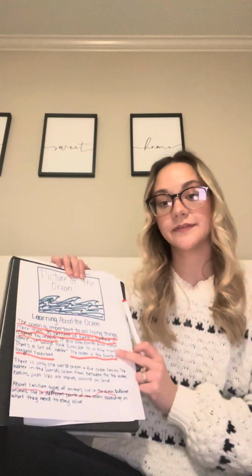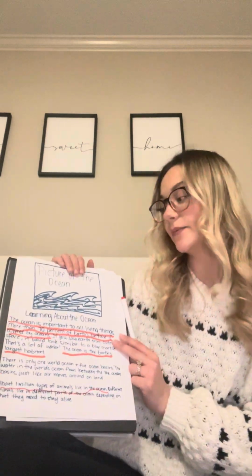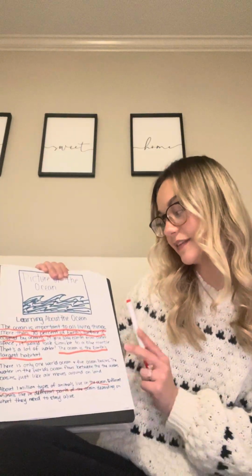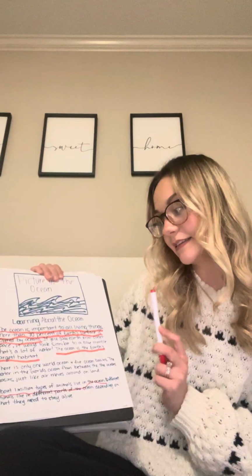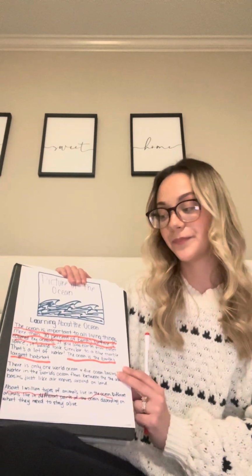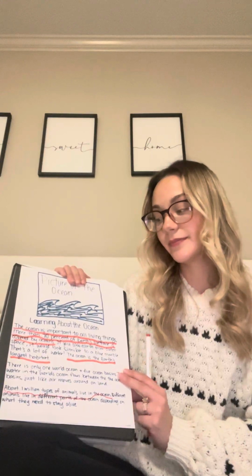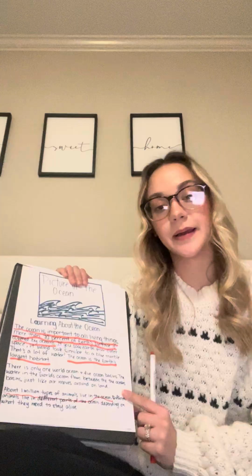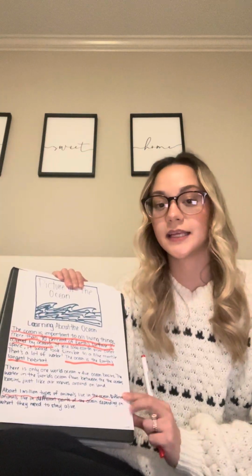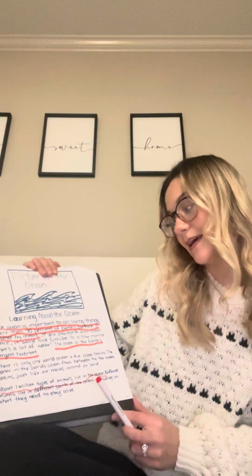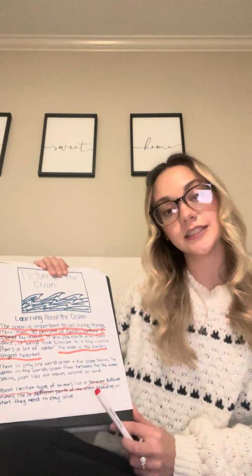and then we will fill in with our first key detail. The ocean is important to all living things because more than 70% of Earth's surface is covered by oceans. So I'd like you to write that on your paper. After you've written that on your paper, we're going to add our second key and supporting detail. So our second detail is that the ocean is the Earth's largest habitat.